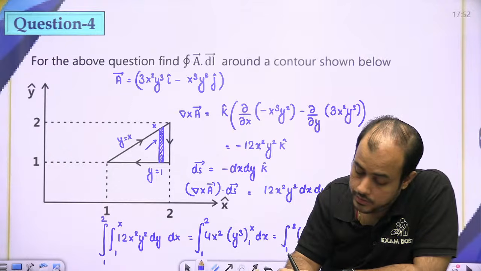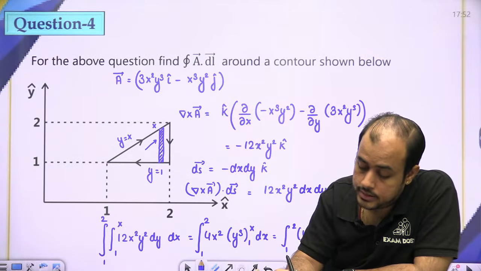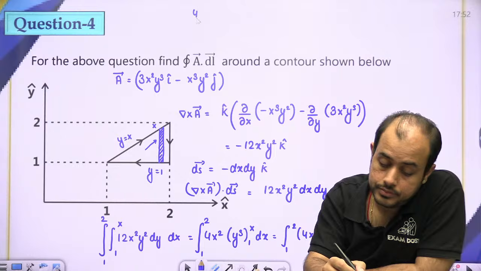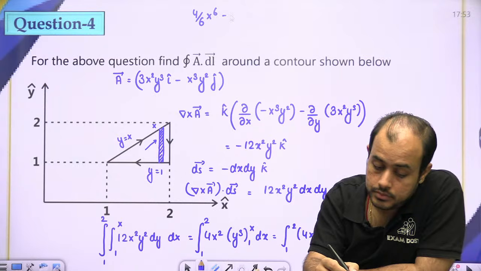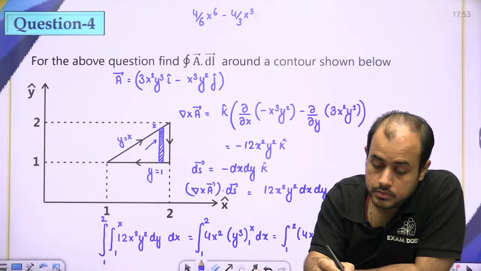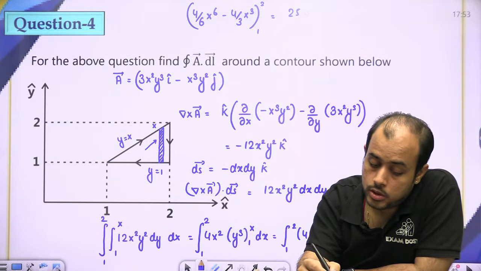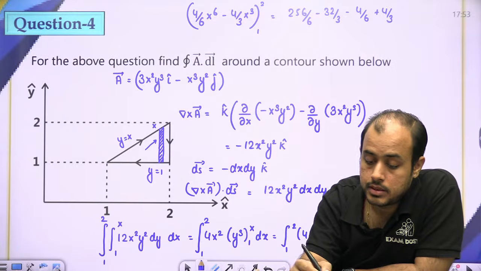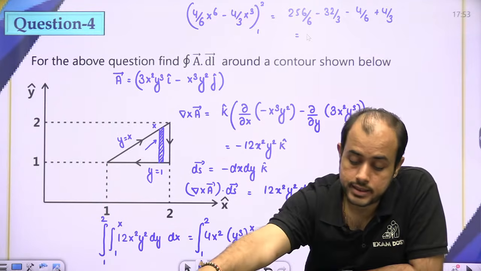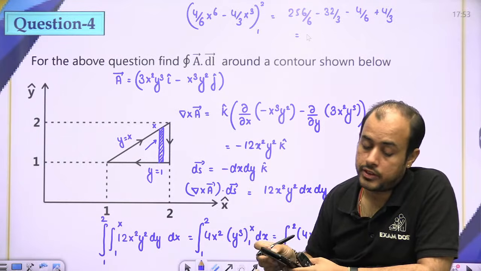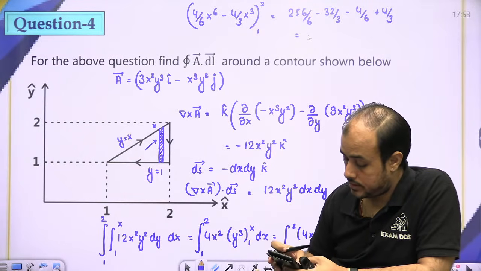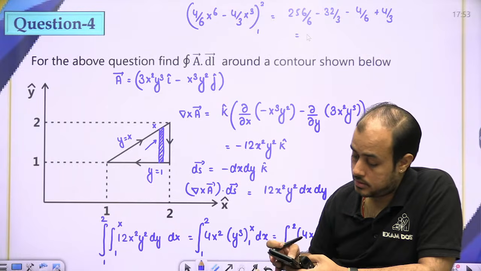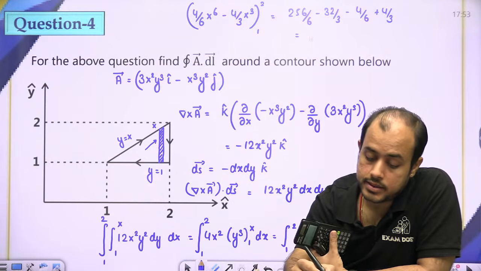Four x to the power 5 minus 4x square dx. (64 into 4, 256 by 6, 32 by 3, minus 4 by 6 plus 4 by 3. So if I take 6 as the LCM, 252 minus 56. 32.66.